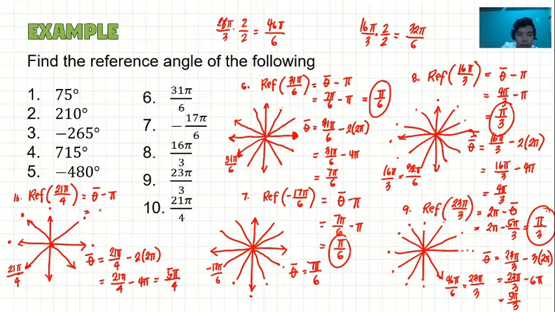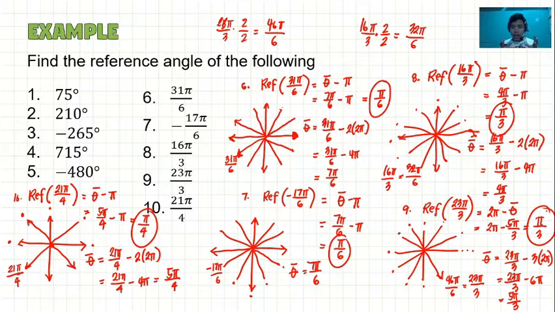So we have 5 pi over 4 minus pi, and this is equal to 5 pi minus 4 pi over 4, which is just equal to pi over 4. So this is now the reference angle of 21 pi over 4.